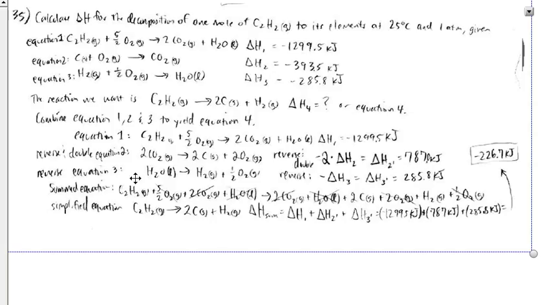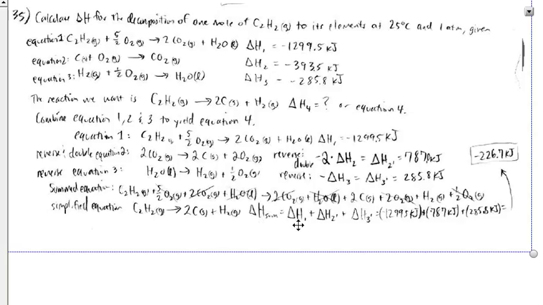And if we reverse equation 3, and therefore reverse the sign of the enthalpy change associated with equation 3, we can sum up the equations, and then we actually cancel out stuff. 5/2 oxygen on one side cancels out with a 1/2 oxygen, and then the other oxygens will also cancel out, and then H2O will cancel out with H2O, and then there's some CO2 that will cancel out, and when you sum them and simplify them up, you're left with C2H2 and 2 carbon and 2 H2.